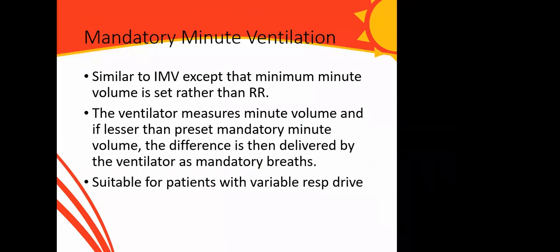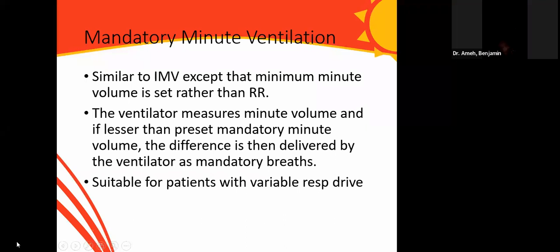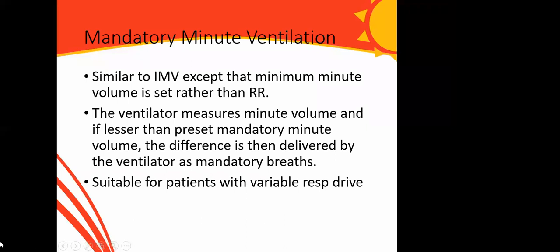So the mandatory minute ventilation is actually similar to intermittent mandatory ventilation, except that the minimum minute volume is what is set here rather than the respiratory rate. The minimum minute volume is calculated and fed into the ventilator instead of the respiratory rate.